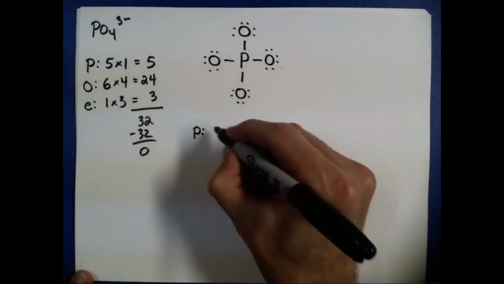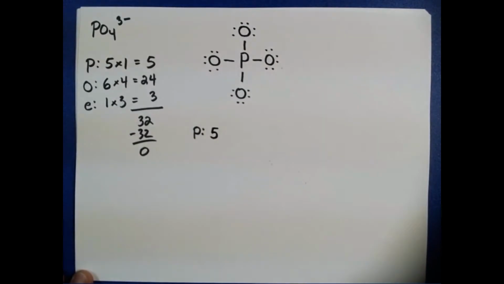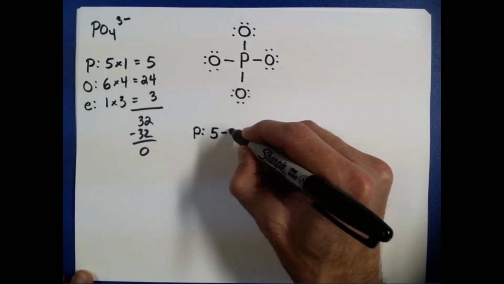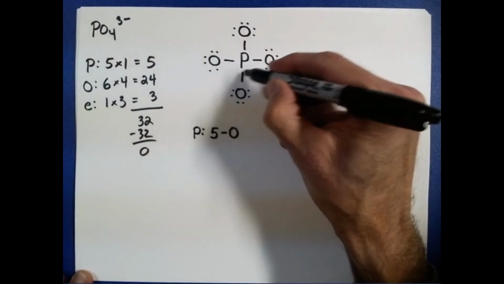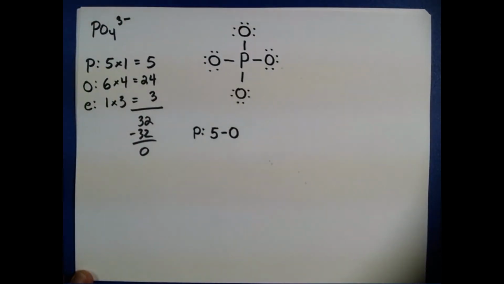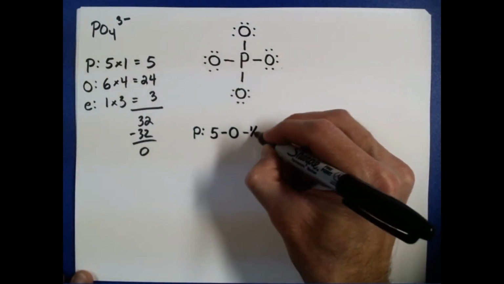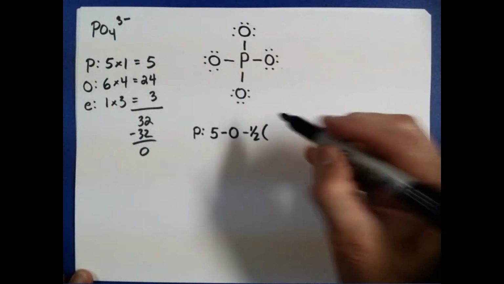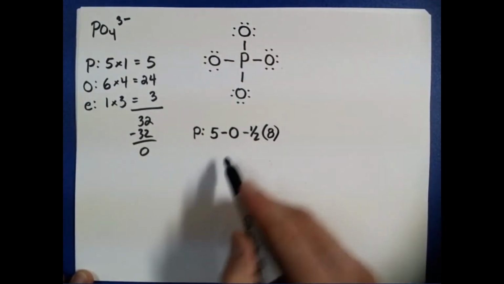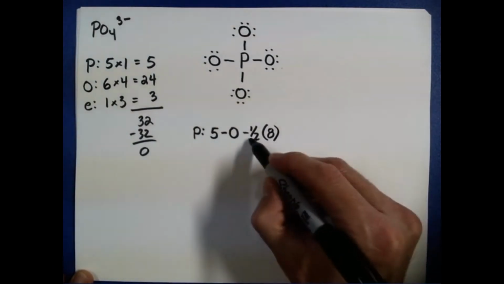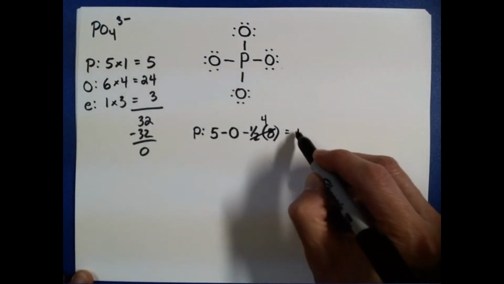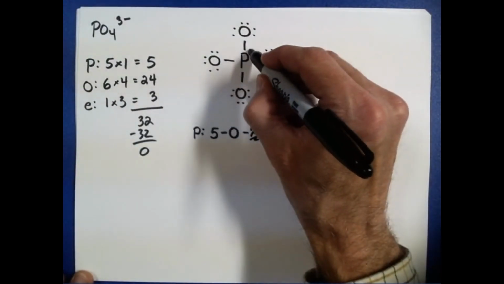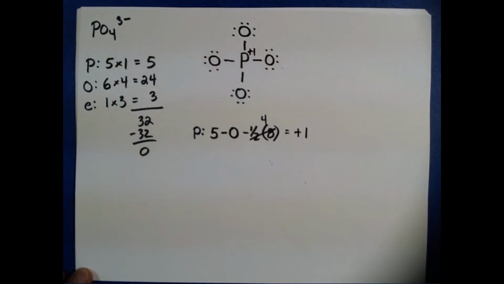Remember, the formal charge is the valence electrons, minus the total lone pair electrons, minus half of the bond pair electrons. There are no lone pair electrons around this phosphorus, and the bond pair electrons are 2, 4, 6, 8. So 5 minus half of 8, that's 5 minus 4, a +1 on the phosphorus.